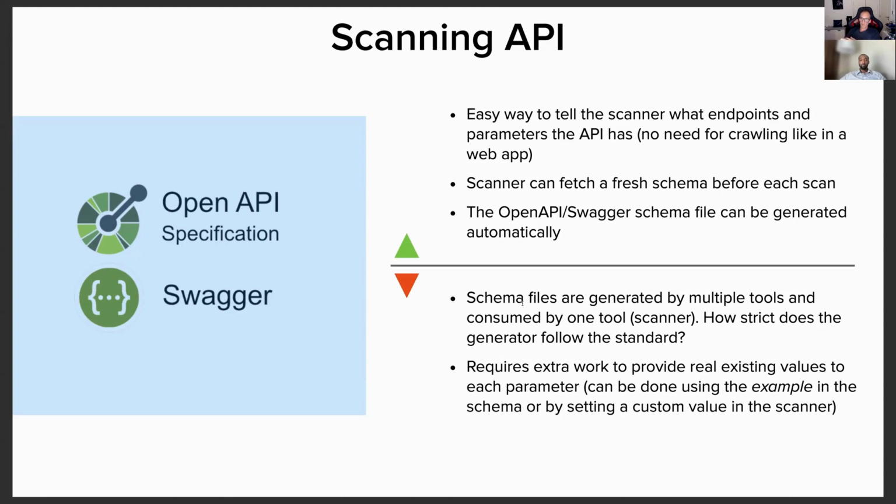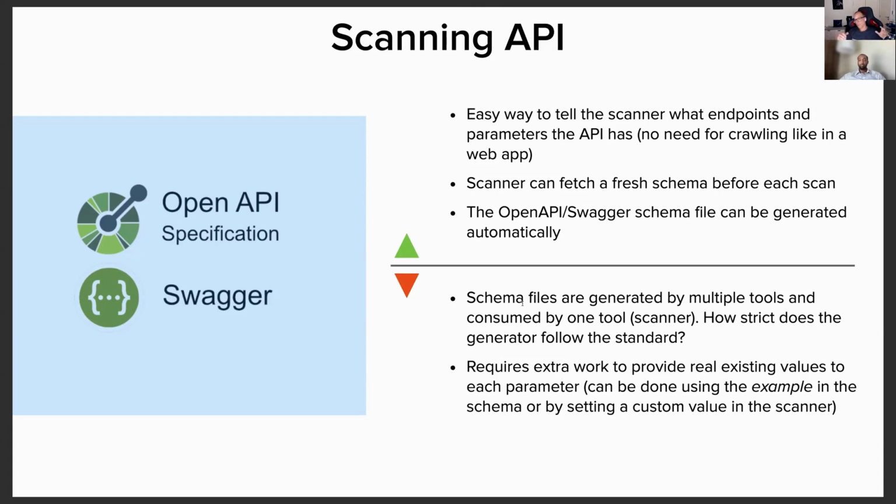It often can be generated automatically based on the documentation of the API and the code of the API. On the downside, these schema files are generated by multiple tools and consumed by one tool.